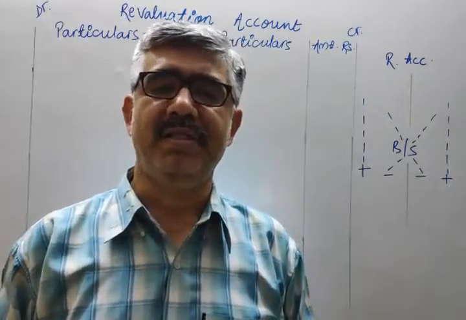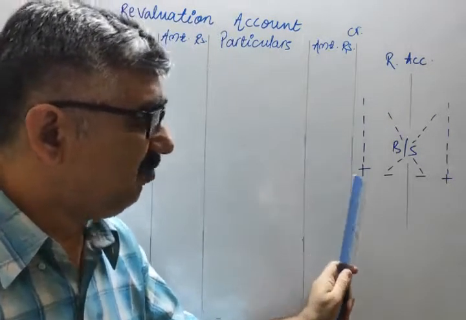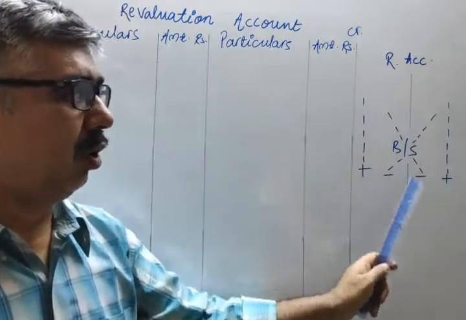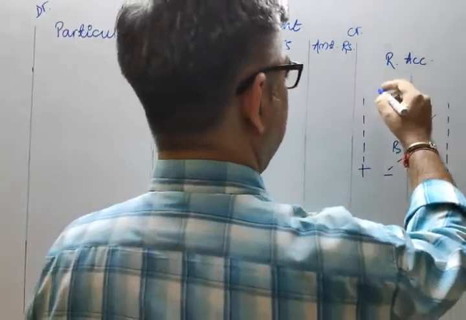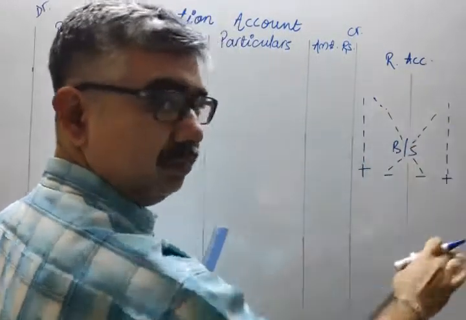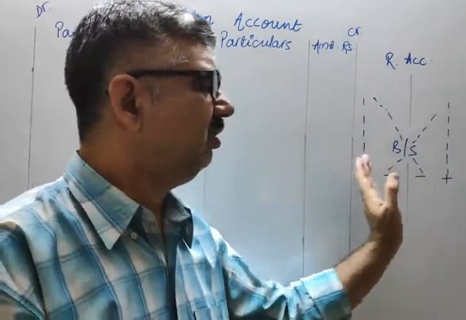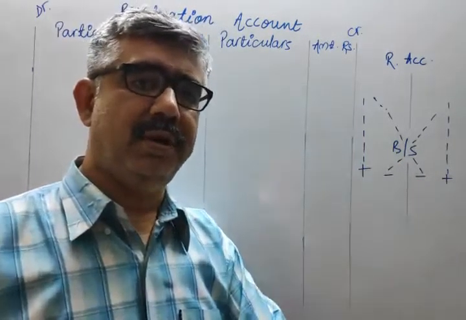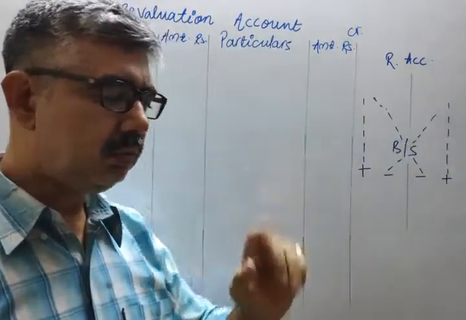Just remember: if plus, straight; if minus, cross. Indirectly you can say we are creating somewhat like an alphabet M, not exactly. But what you have to remember is plus straight, minus cross.